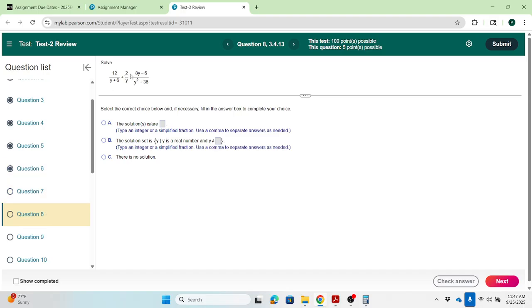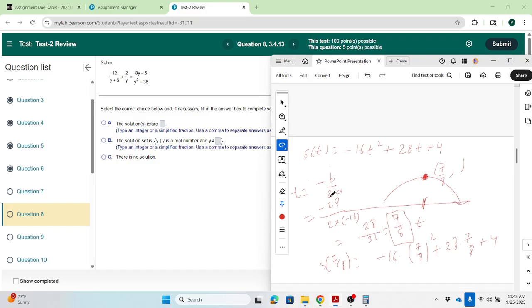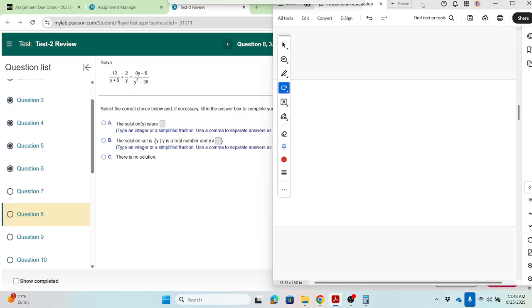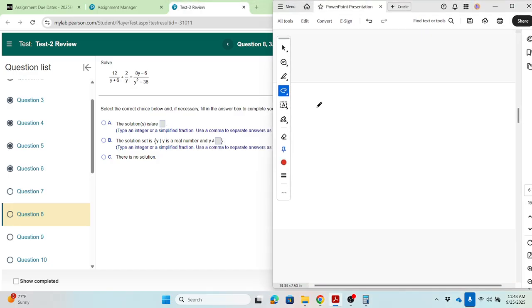How to solve this rational equation? To solve this type of equation, you need to find the LCD. In this case, on the left there is a 12 over y plus 6, plus 2 over y, and on the right side you can write 8y minus 6, and on the bottom you can find the factors, which are y plus 6 and y minus 6.